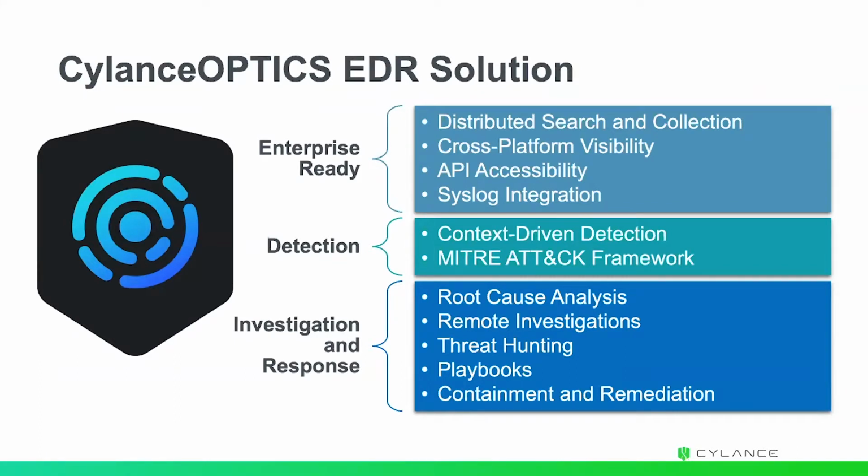Cross-platform visibility: we do have feature parity between Mac OS and Windows. So anything that we talk about in terms of APIs or scripting capabilities or detection logic is all cross-platform and available in Windows and Mac OS.